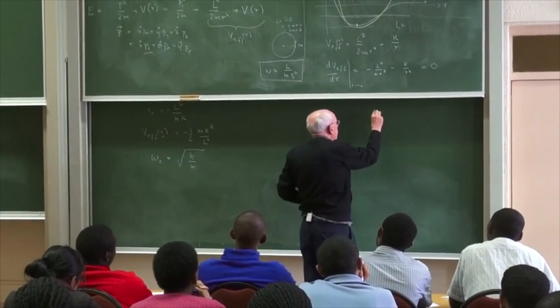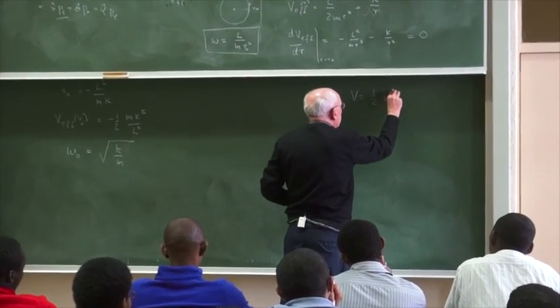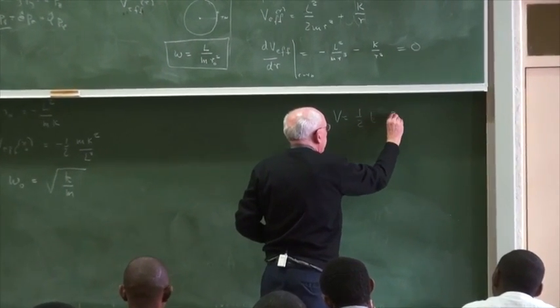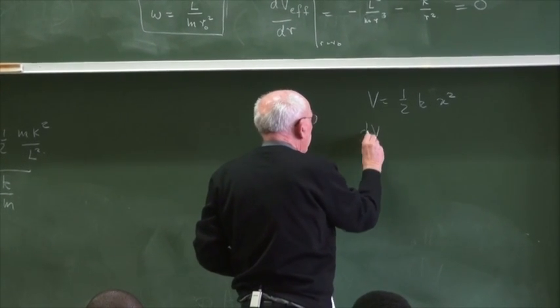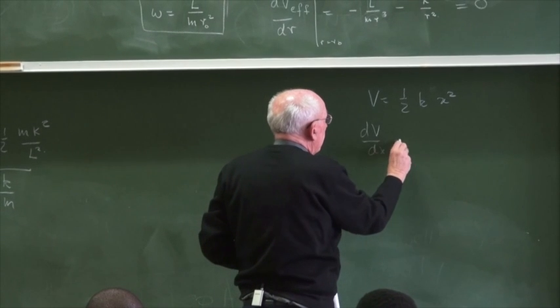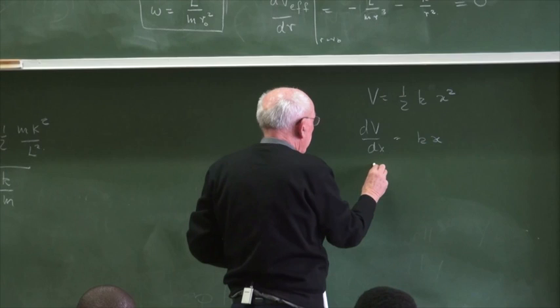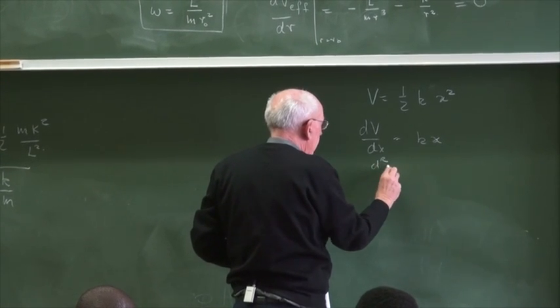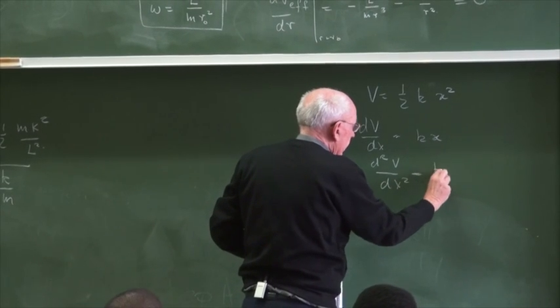If V is a half k times x squared, you take the first derivative, dV/dx is equal to kx, and d2V/dx squared is equal to k.